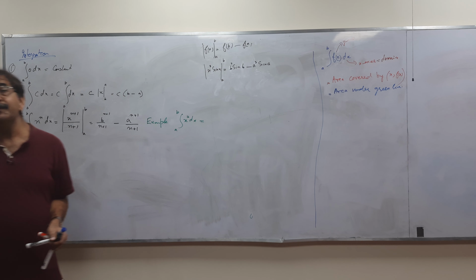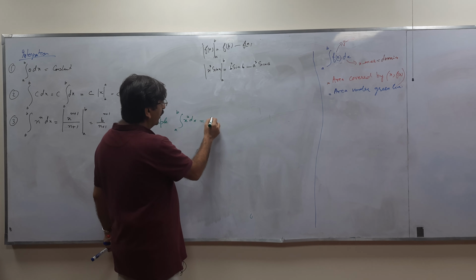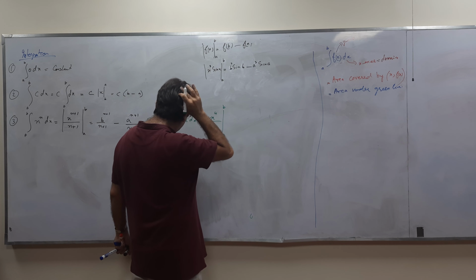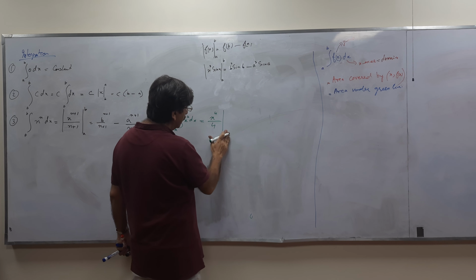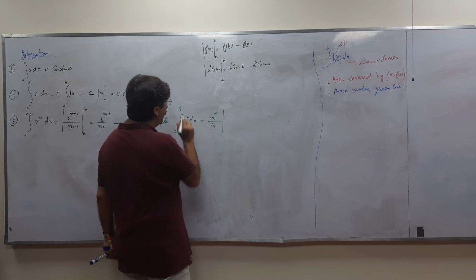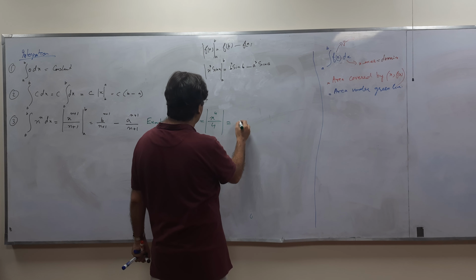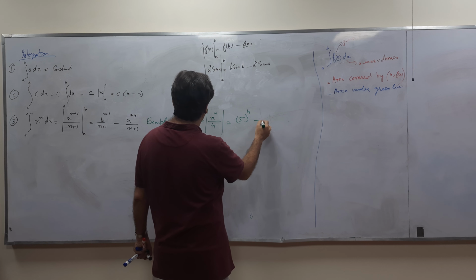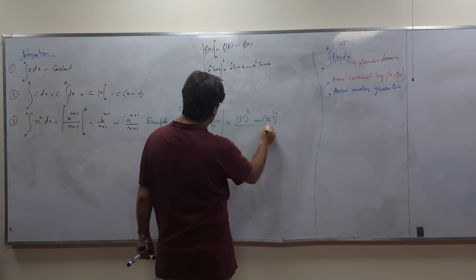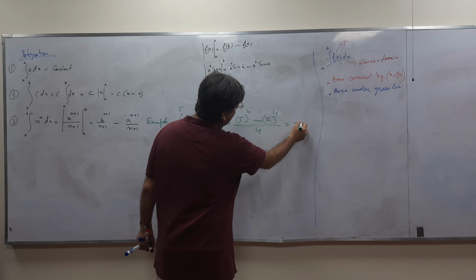For example, if it is given that a is equal to 2, b is 5, then that will be equal to 5 power 4 minus 2 power 4, divided by 4. You can find the answer.